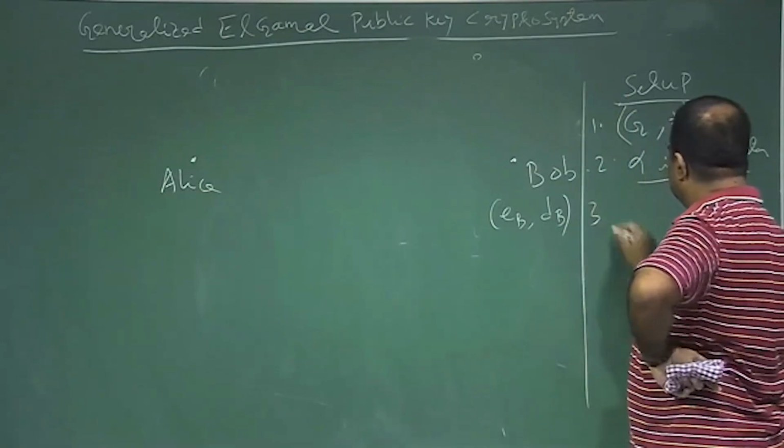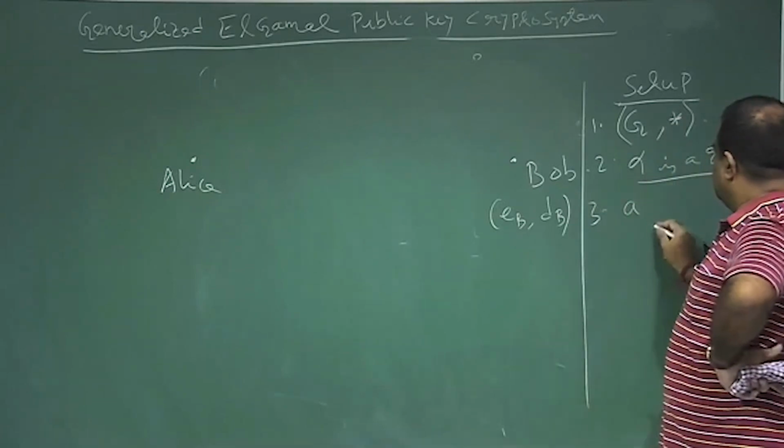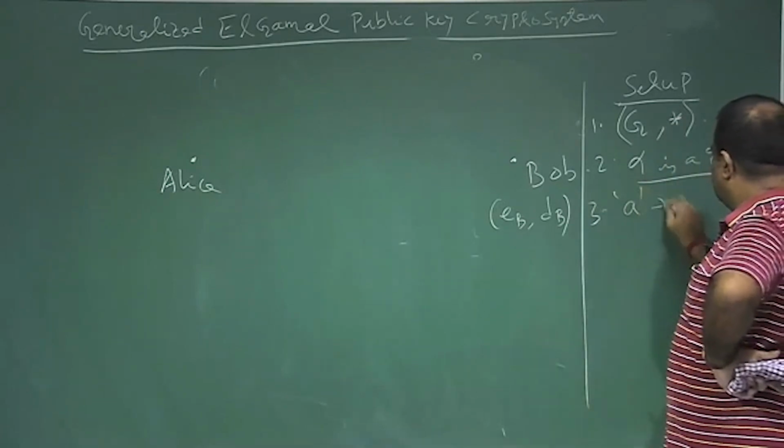Then Bob chooses a, which is secret to Bob. This is the private key.